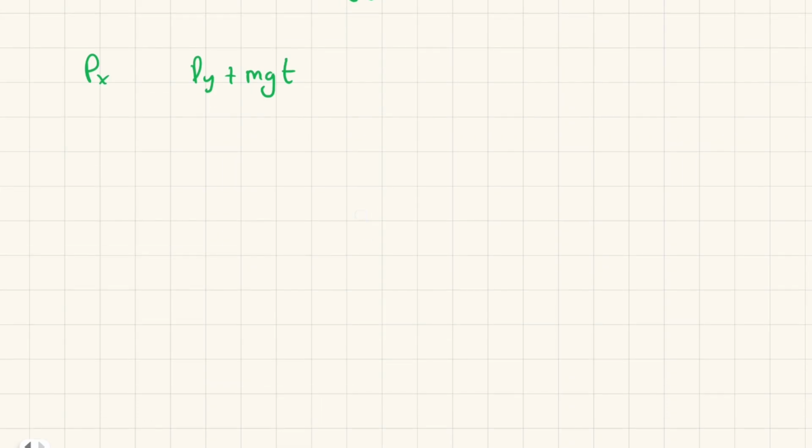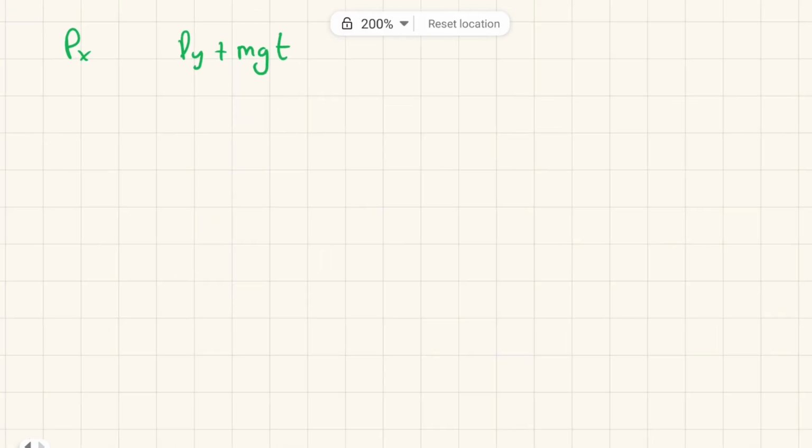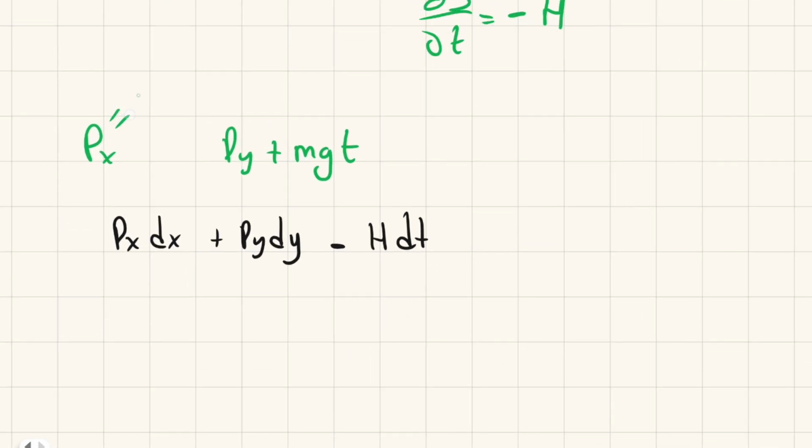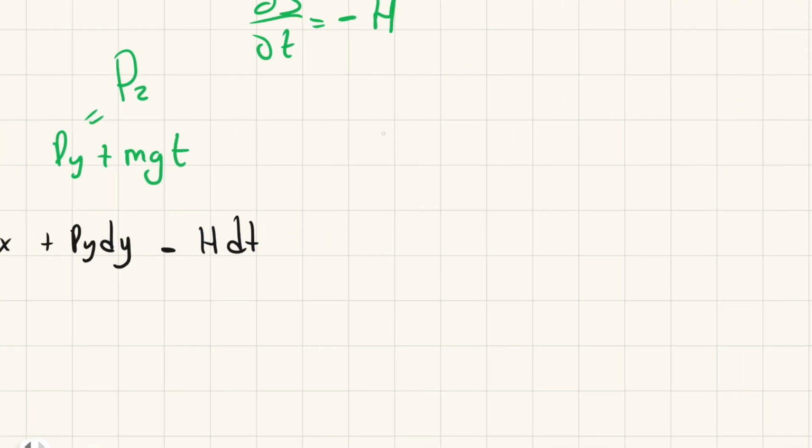So again, if we suppose that this function s exists, it can be written as px dx plus py dy minus the Hamiltonian times dt. Okay, so we are going to name these constants of motion as upper P1 and upper P2. It's not casual that we name these with the upper variables. Remember that the upper variables represent the canonical transformation that is generated from the function s.